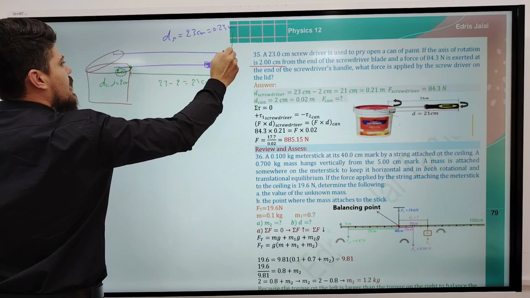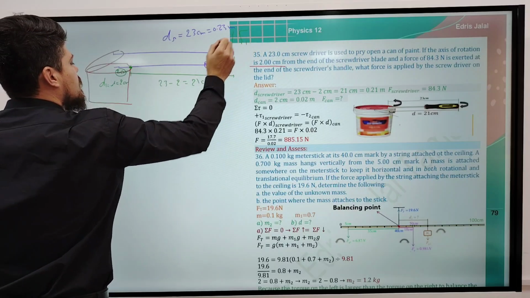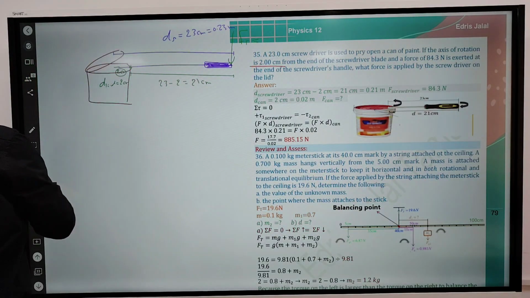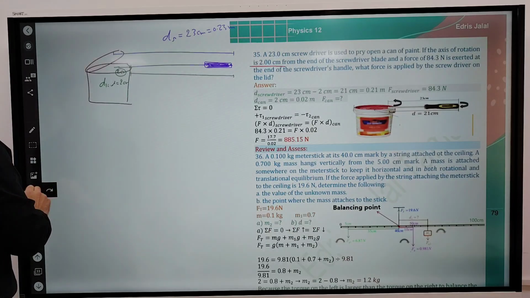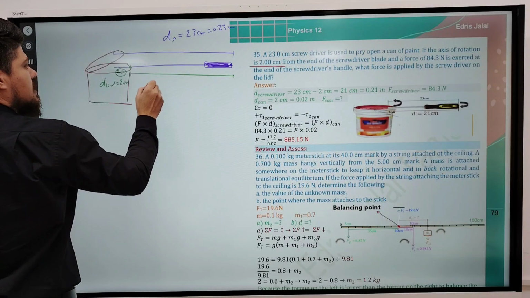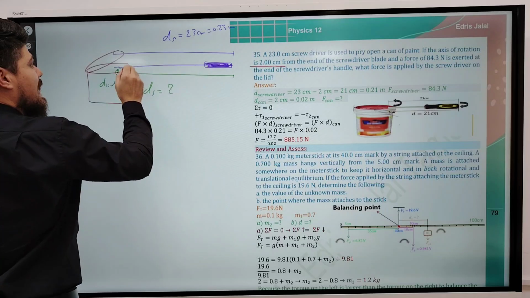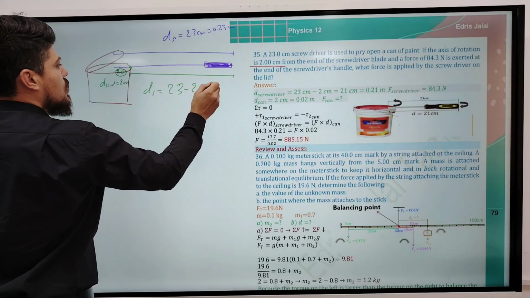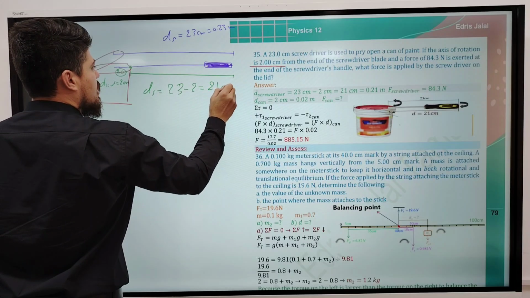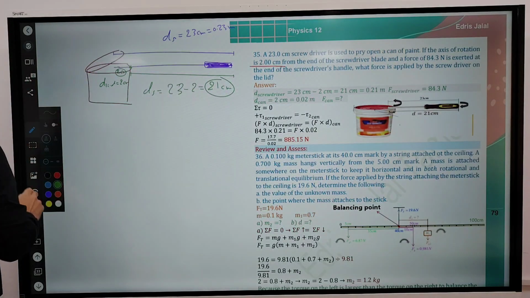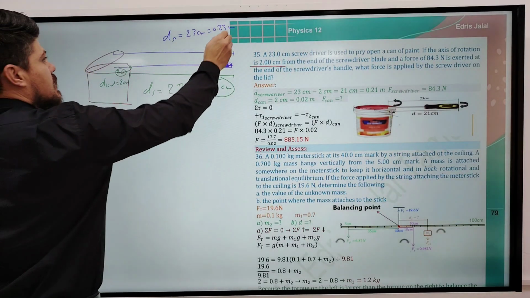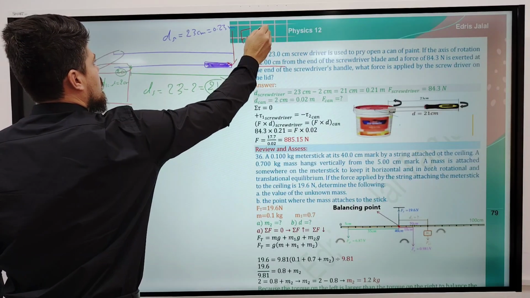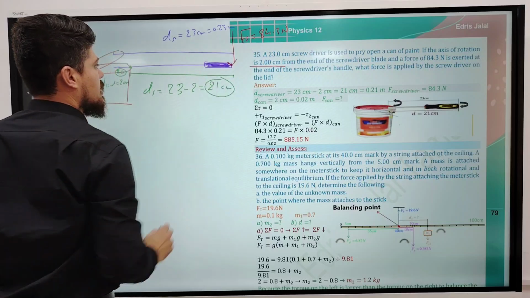The distance of the screwdriver from the axis of rotation is 23 minus 2, equal to 21 centimeters. This is the distance from the applied force of the screwdriver, which is equal to 84.3 Newton.